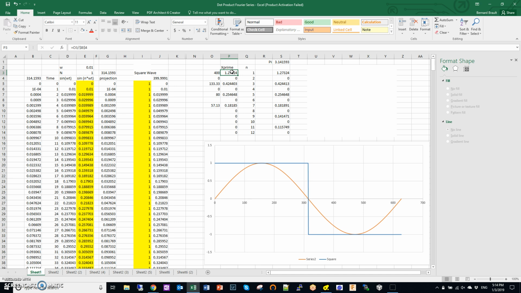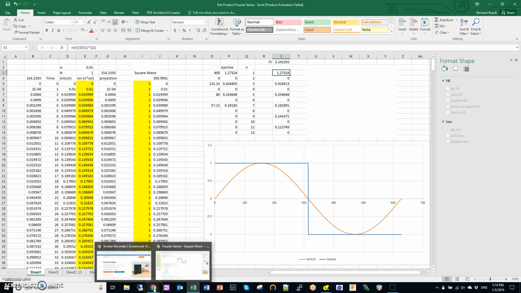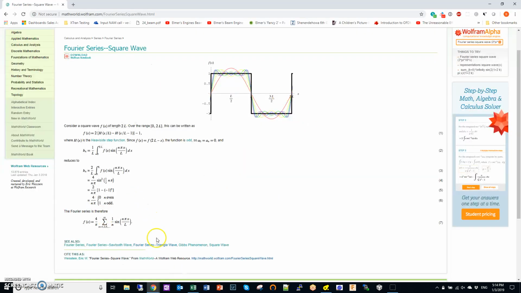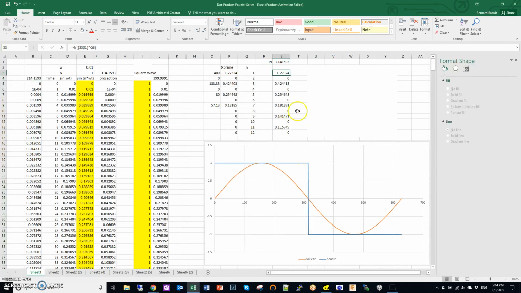If you remember, earlier I picked up from the website a formula to calculate these Fourier coefficients, and I put here the theoretical value. Let me just very quickly show you what it was. This is where it came from. It's 4 divided by n pi. That's the theoretical value, and here's the theoretical value. And it's 0 at 2, then this value, 0, this value, 0, that value. Right?